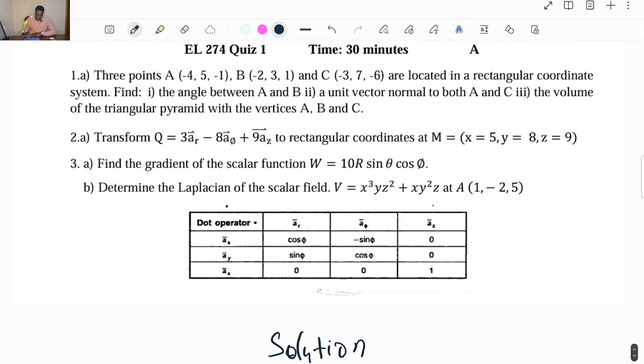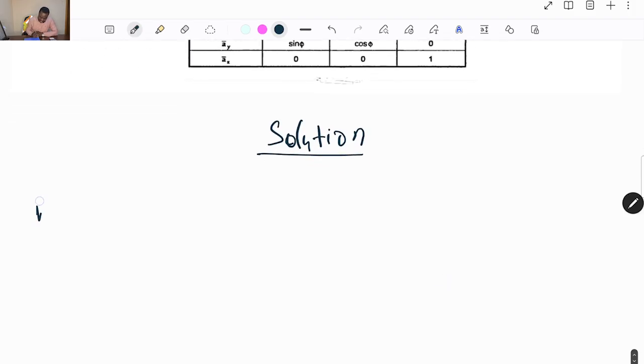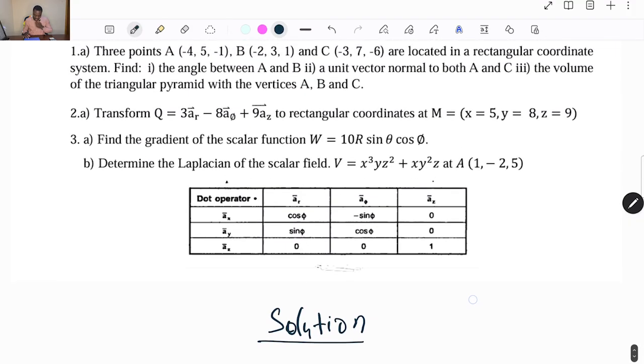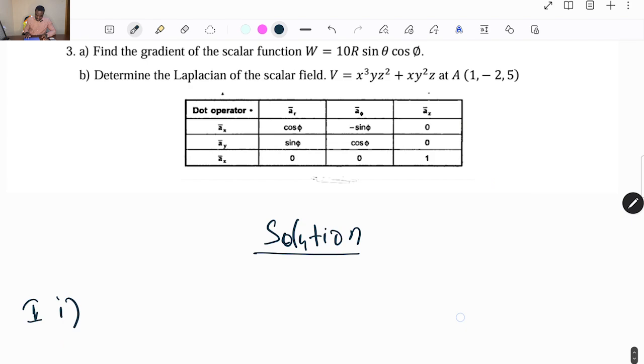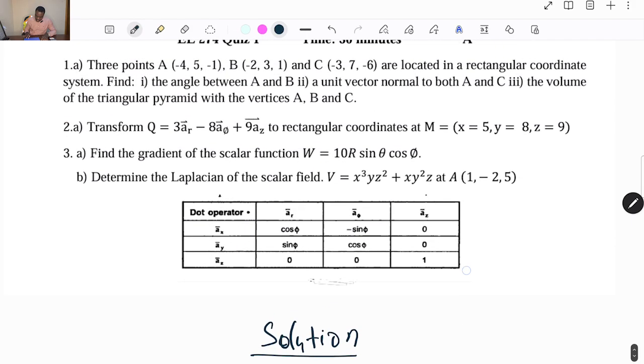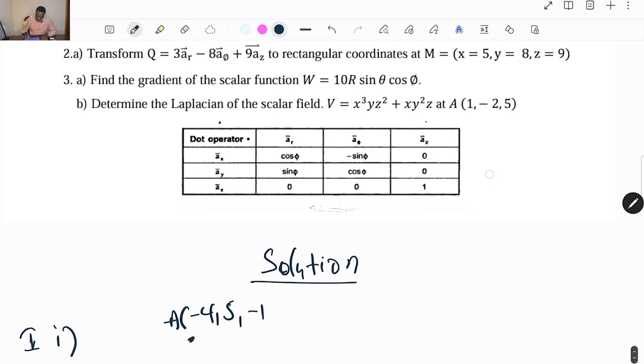Now, looking at this question, let's start with the first one, I. We are to find the angle between A and B. What that means, we can just indicate the points. Let's say I have point A here, with coordinates -4, 5, -1.